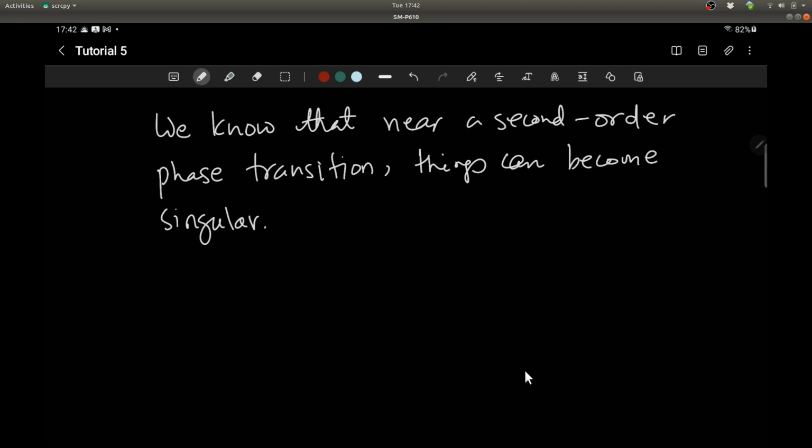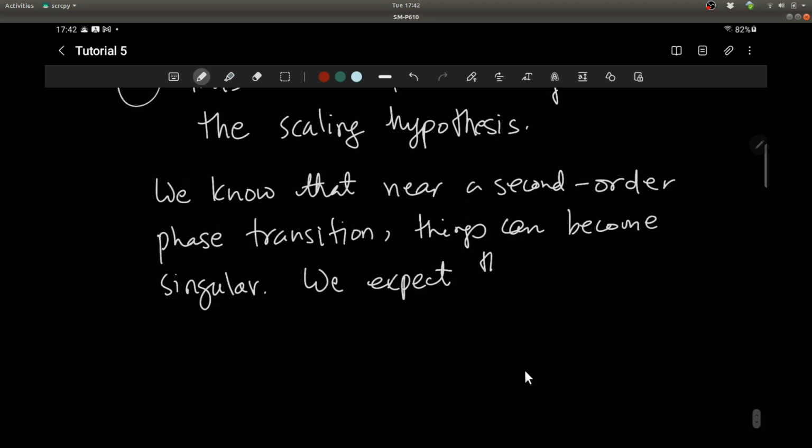In particular, in our example, we expect that the Helmholtz free energy should know that.